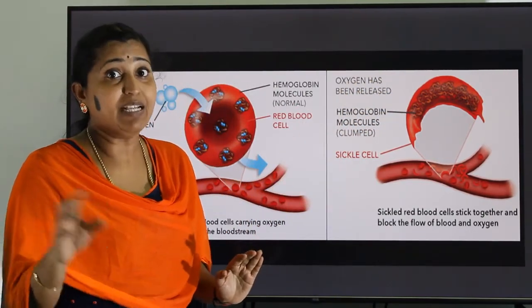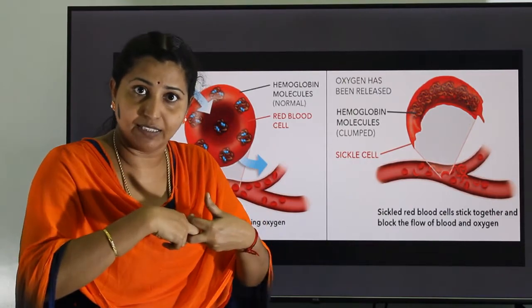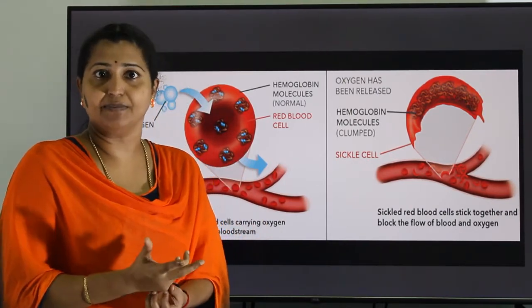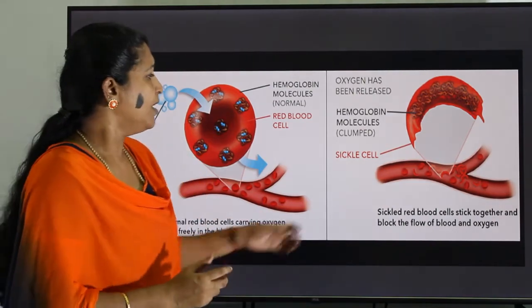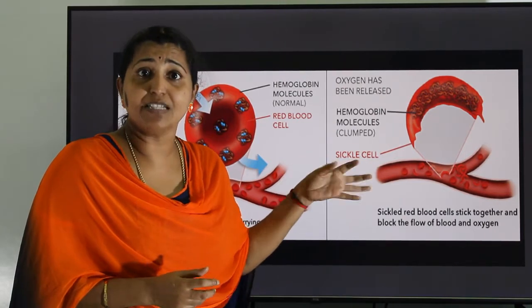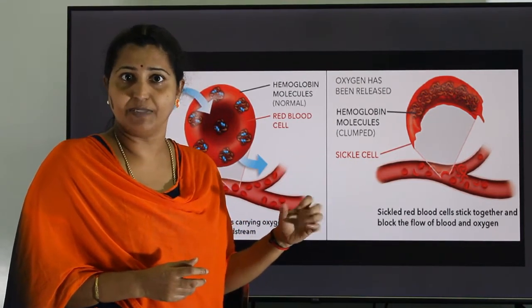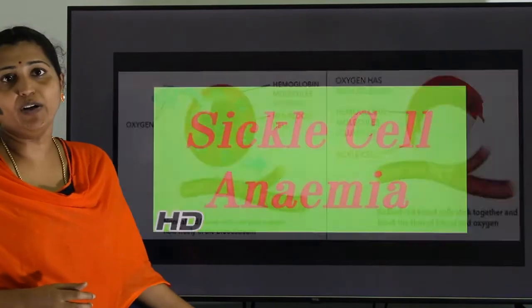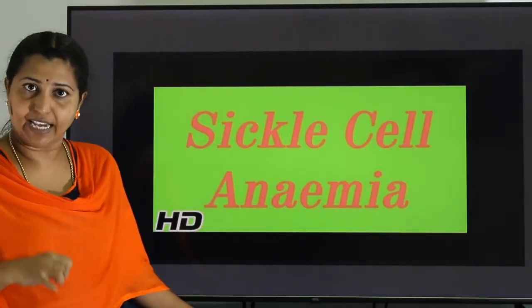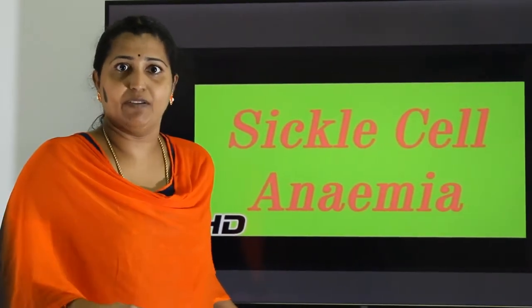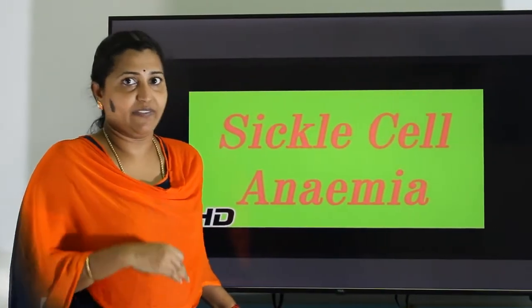At the same time, they may clump together and block the blood flow. So now you know the reason behind the damage to the organs. Now we can see a video on the causes and symptoms of sickle cell anemia. Students, please watch the video.